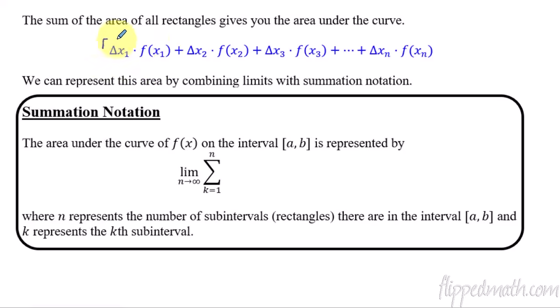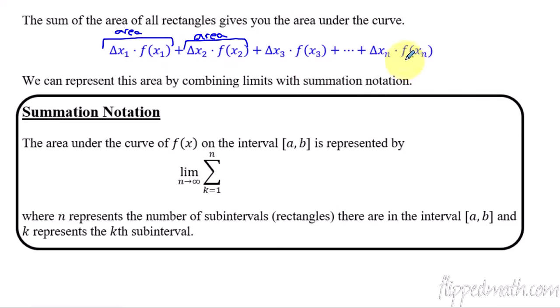Okay, so that's what this is. This is like our area of rectangle number 1. And then we're going to add rectangle number 2. Again, this is the area of rectangle number 2, all the way up until you get to the nth rectangle. So that's all of the rectangles, width times height, width times height, and so forth.